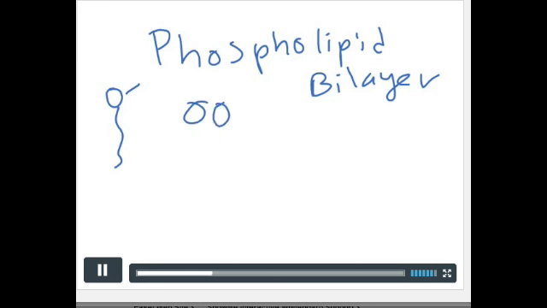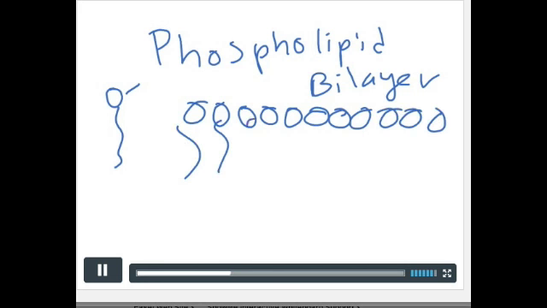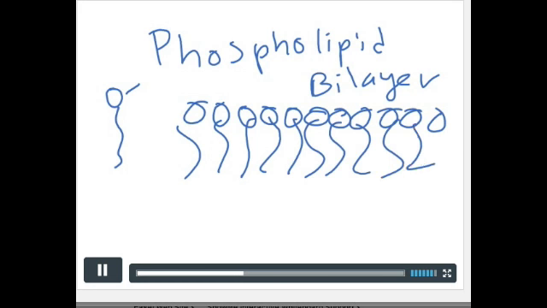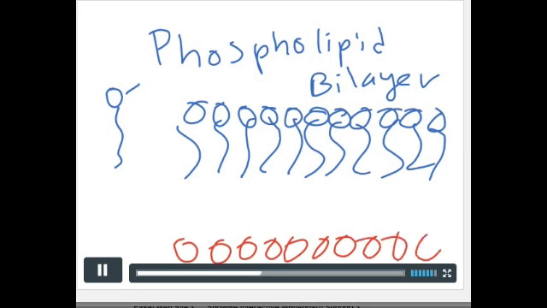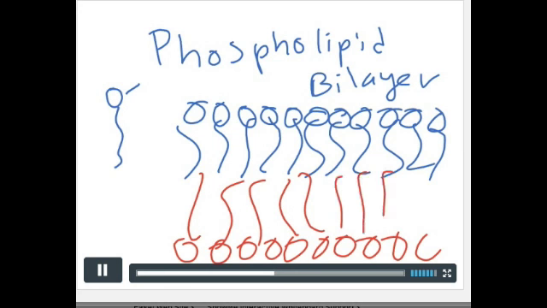There are many phospholipids. This is a phospholipid, and it's a bilayer, so there's going to be another layer of this. As you can see, there are two layers, 1, 2.